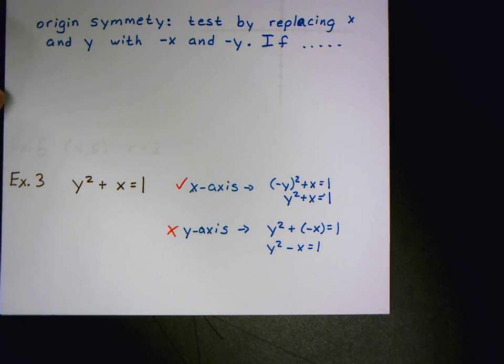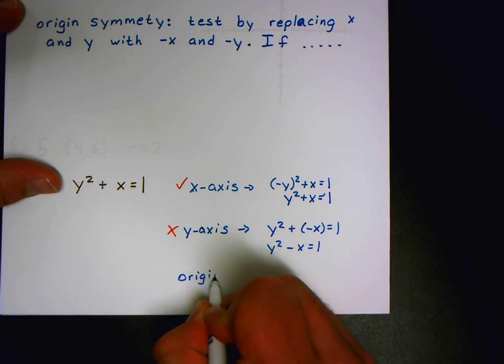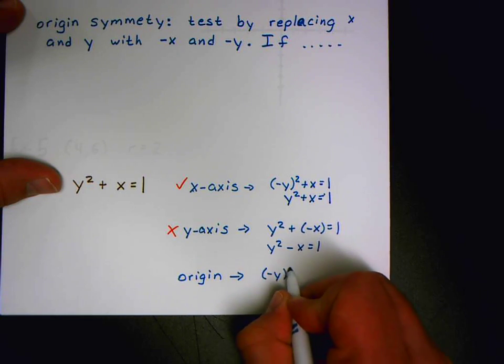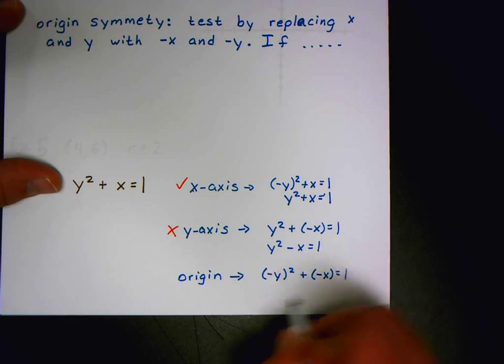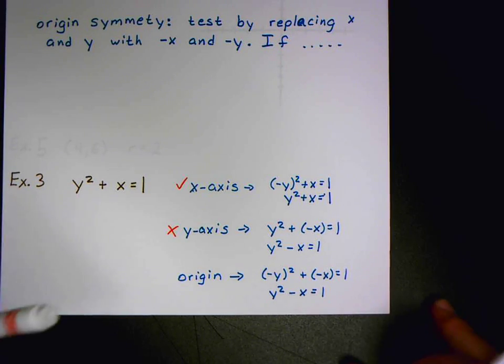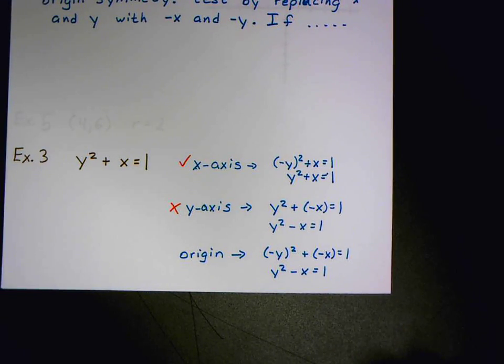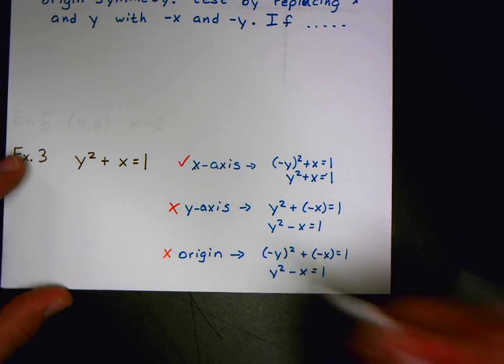Okay, origin symmetry. Is there any way I can make that look like the original? Well, no. So that one's the same as the previous one. So that one doesn't fit either.